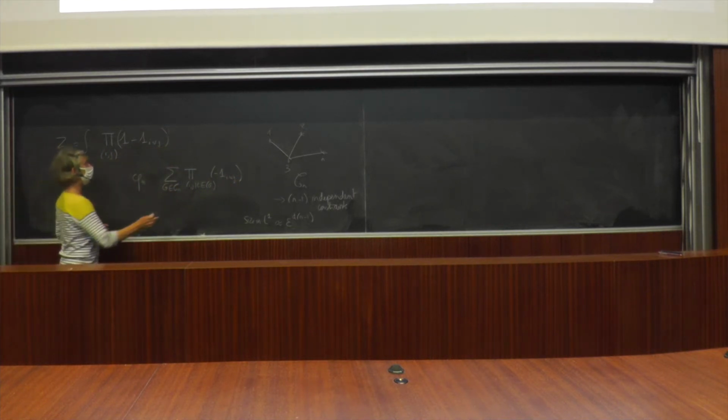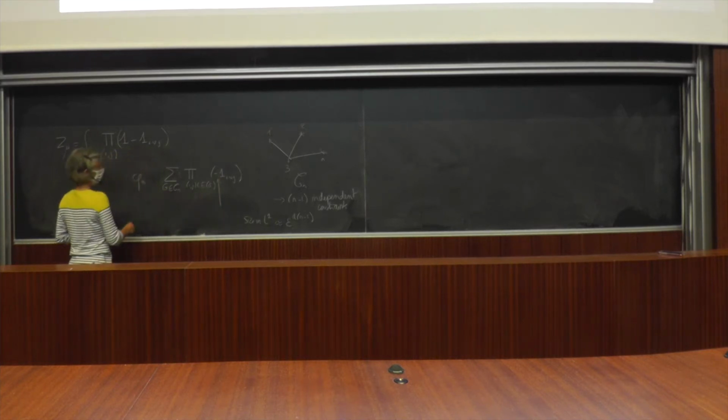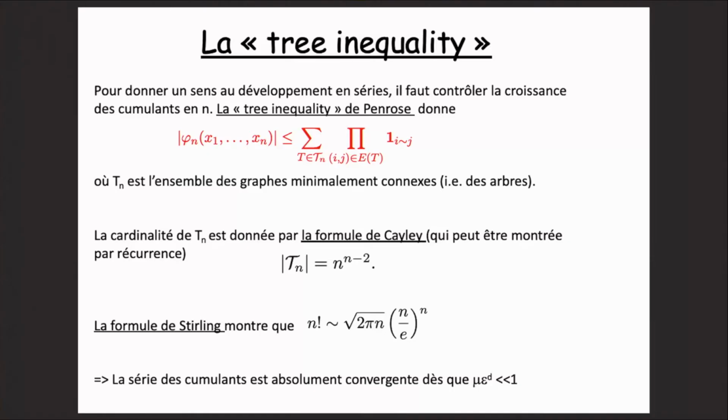And what I would like to do is really to take advantage of this minus sign. So what I say is that actually you can prove this tree inequality, which is due to Penrose and which is really a nice inequality, really useful in many, many problems of combinatorics.